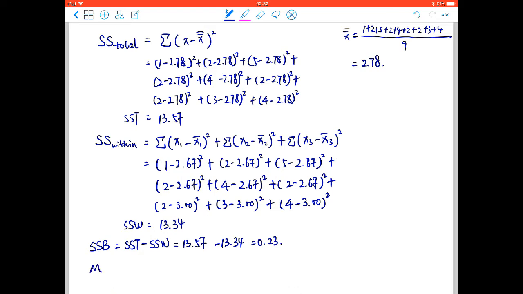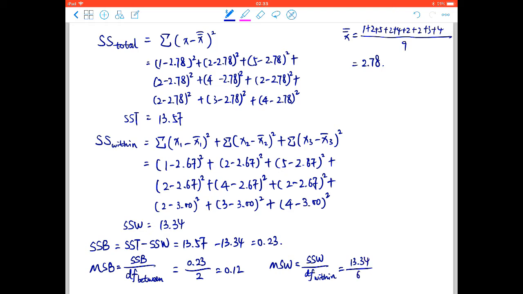The mean square between the groups equals SSB over the degrees of freedom between the groups, so it will be 0.23 over 2, which is 0.12. And MSW will be SSW over the degrees of freedom within the groups. It will be 13.34 over 6, which is 2.22.